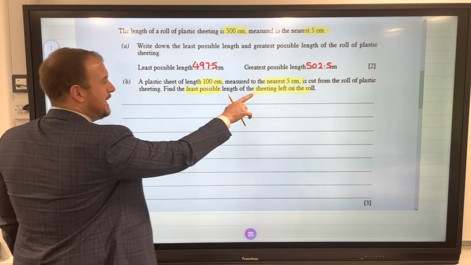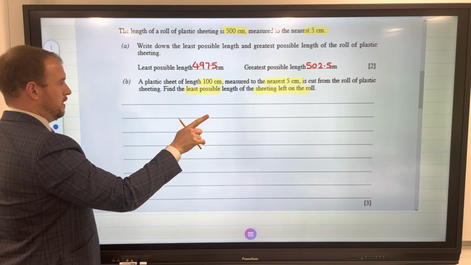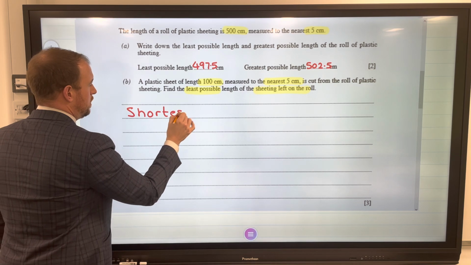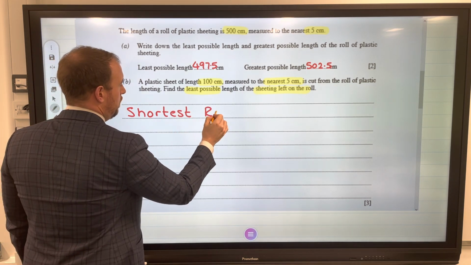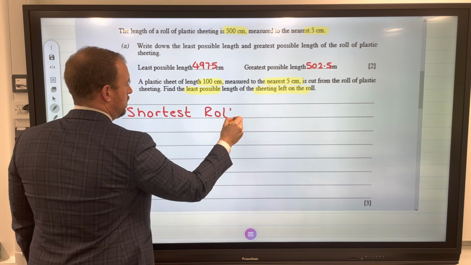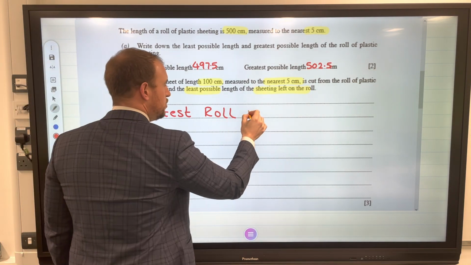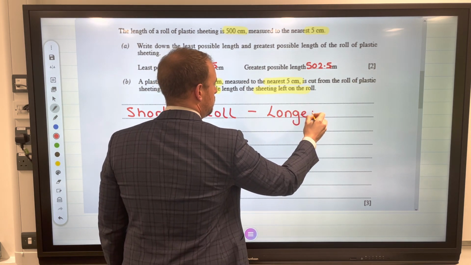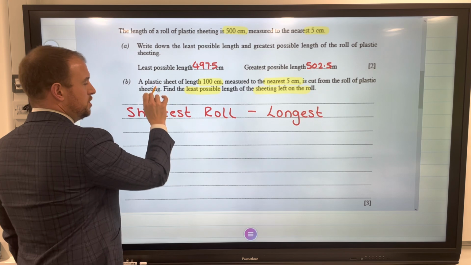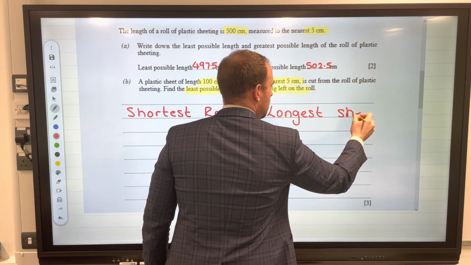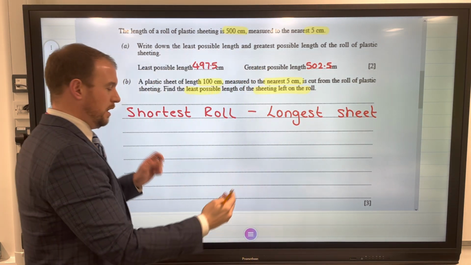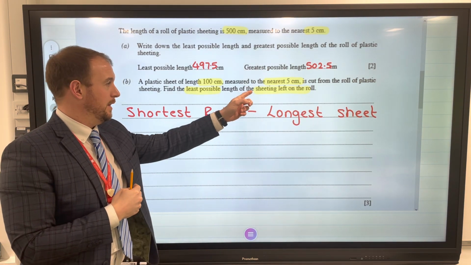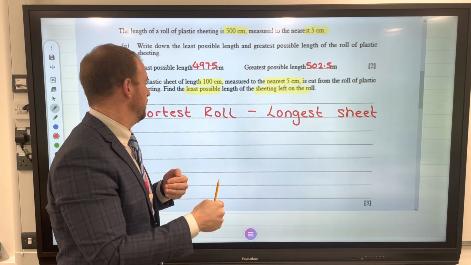In order to have the least amount left over, we need to have the shortest roll, and then we're going to subtract the longest plastic sheet. Think of this as the shortest roll on the kitchen worktop, and this one was the longest. It would have the least left over.